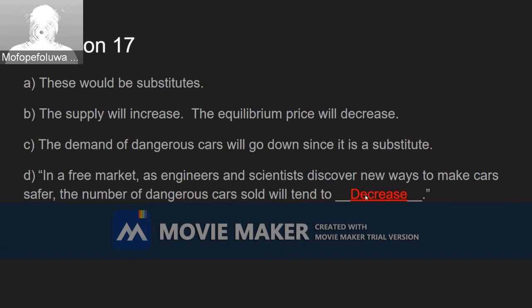This would cause the equilibrium price of safe cars to reduce. The demand for dangerous cars will go down because they're substitutes of each other, and the increase in supply of one will cause the reduction in demand for the other. And in the free market, as engineers and scientists discover new ways to make cars safer, the number of dangerous cars sold will decrease.